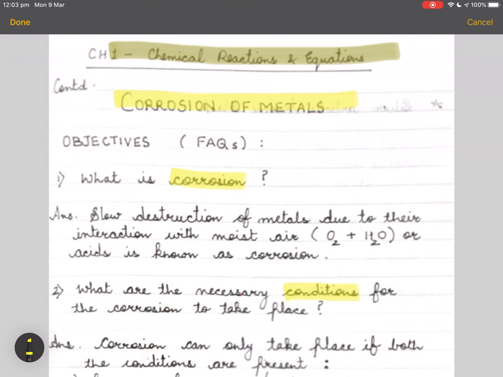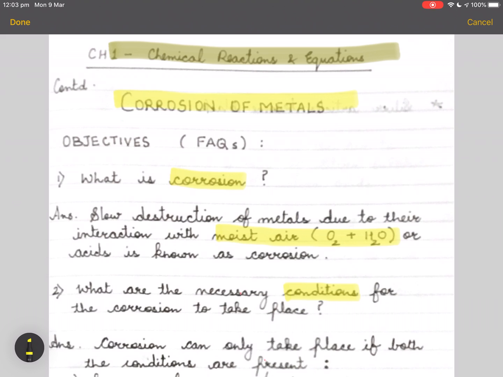So what is present in the environment which is destroying these metals, changing their color and texture? They are becoming dull, no more shiny, no more bright. Yes, the presence of moist air. Moist air means there should be a presence of oxygen, along with the presence of moisture, that is water. So this definition of corrosion you can learn.